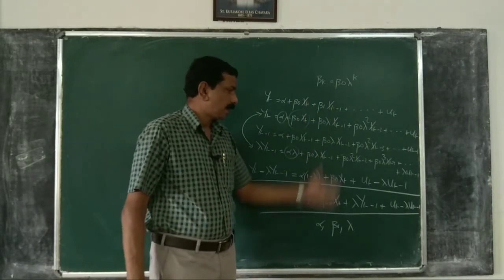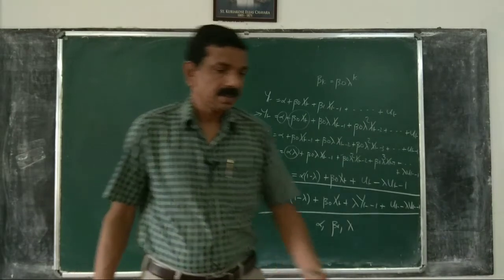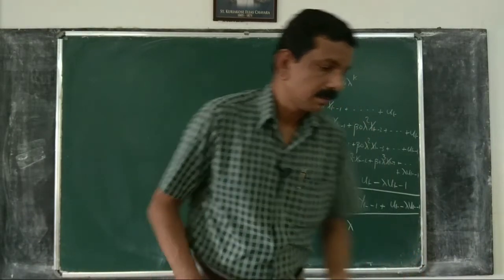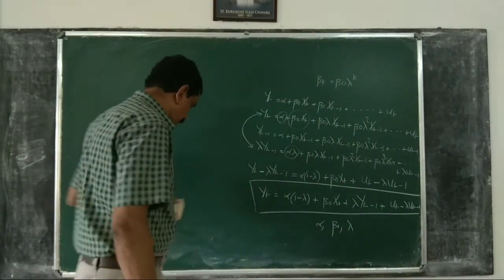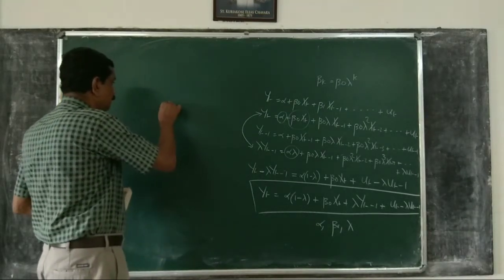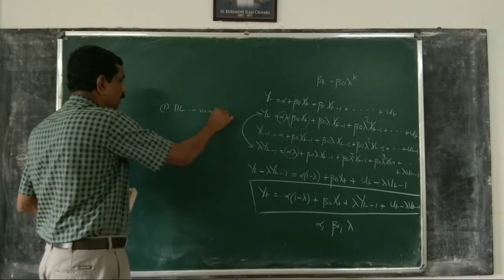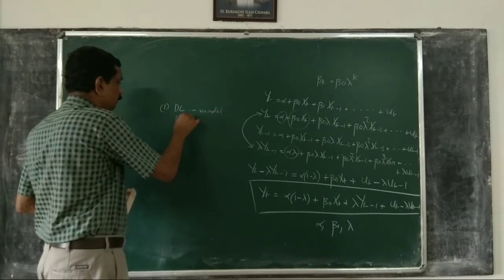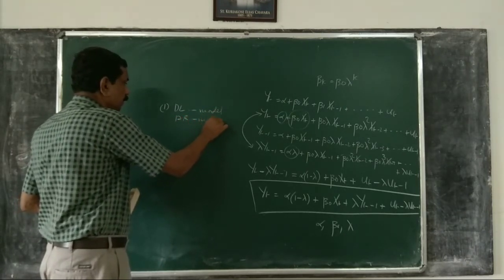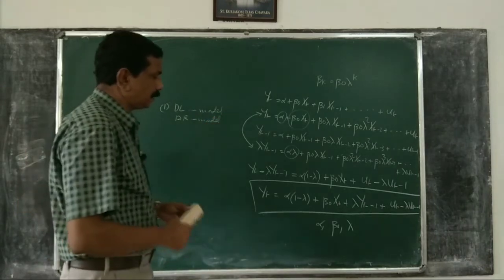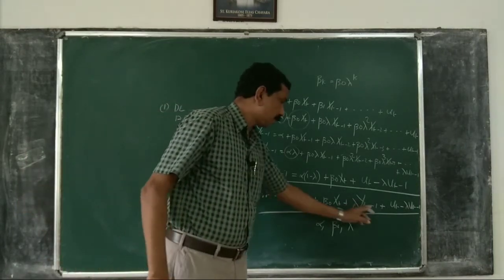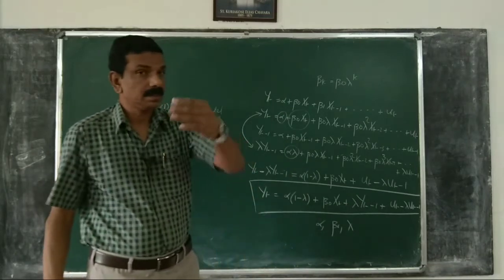Now let us see what are the features of Koyck transformation. One feature of the Koyck transformation is we started with a distributed lag model and ended up with an autoregressive model, as we have considered initially.